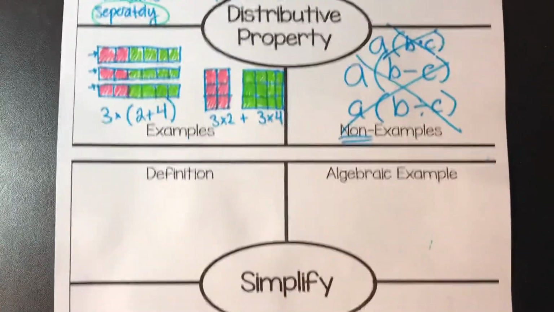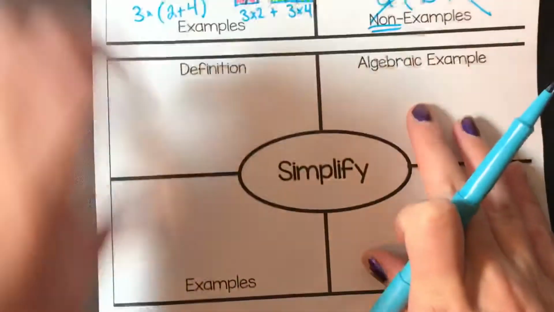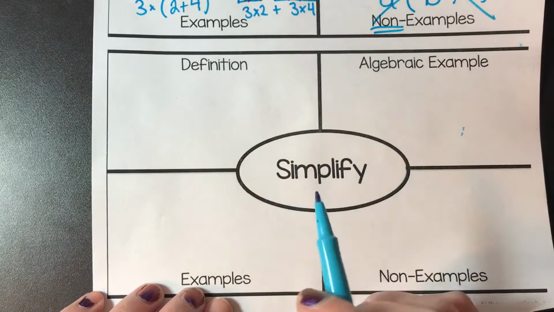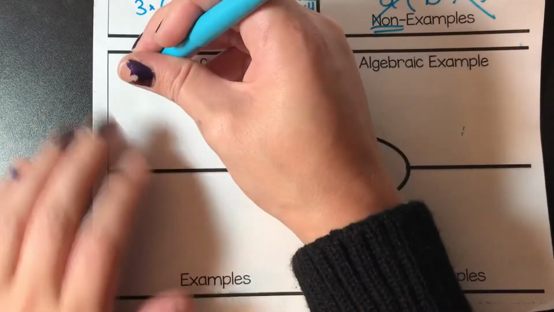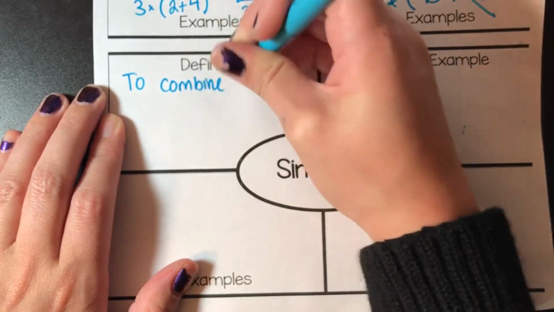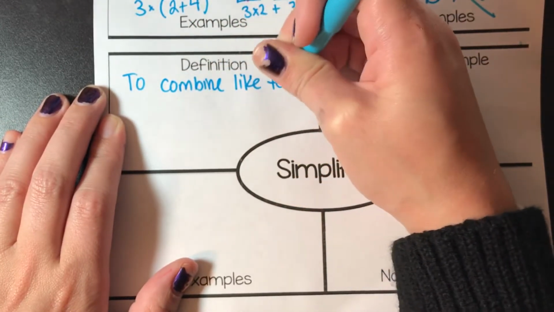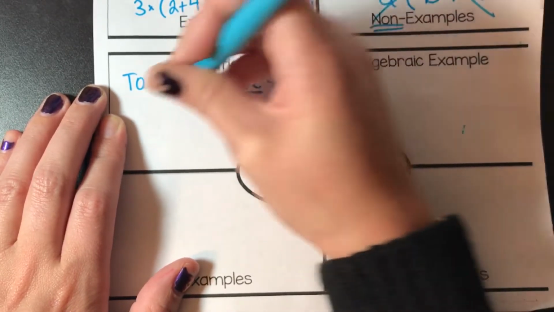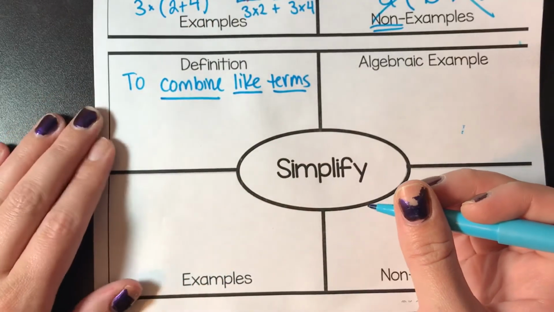I'm going to scoot on down to our next vocabulary, which is to simplify. It means to combine like terms, which is what you guys had notes on previously.